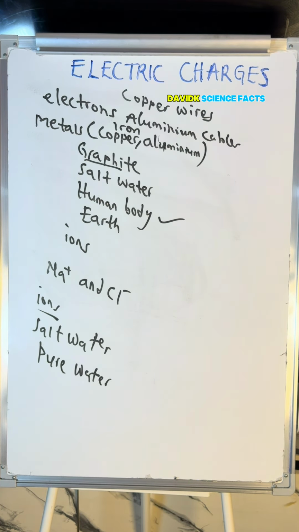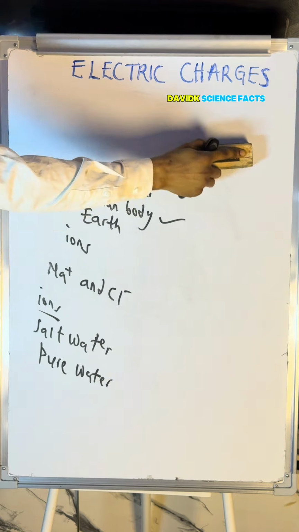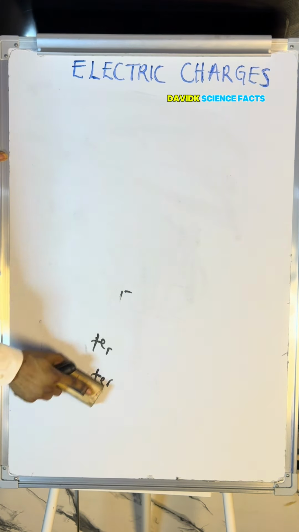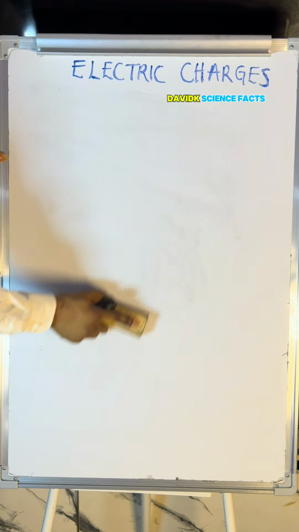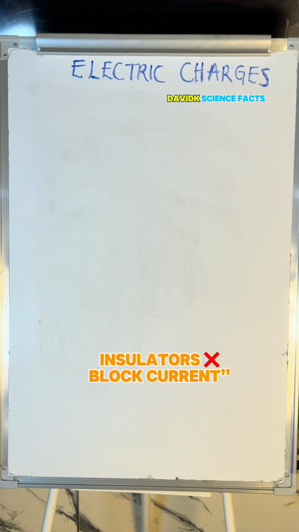Now I'll talk about insulators. What are insulators? Insulators are materials that do not allow the flow of electrons or electricity to pass easily.